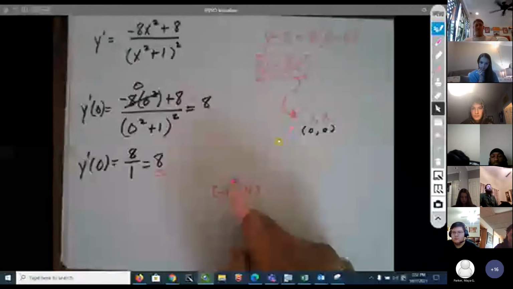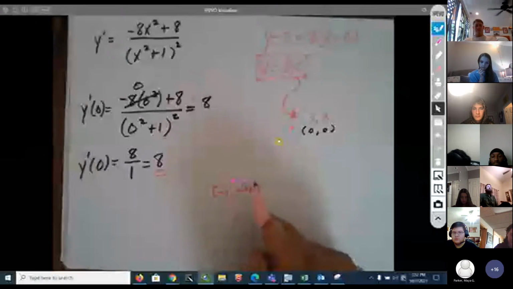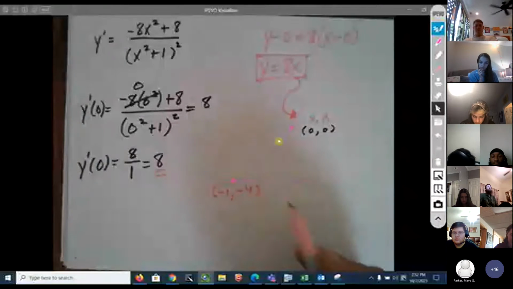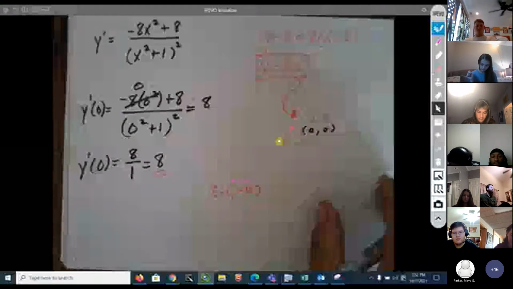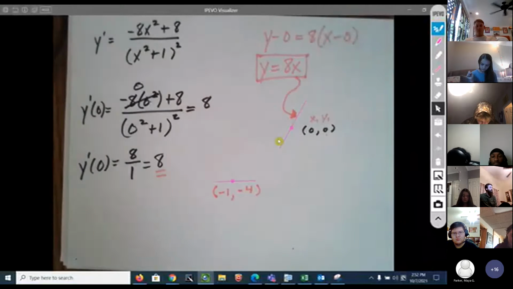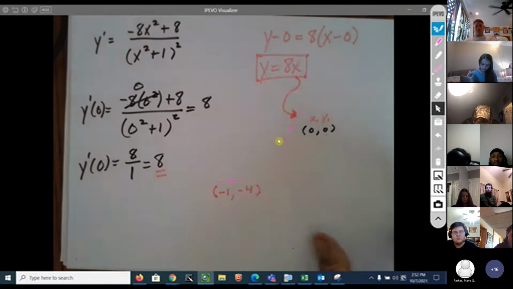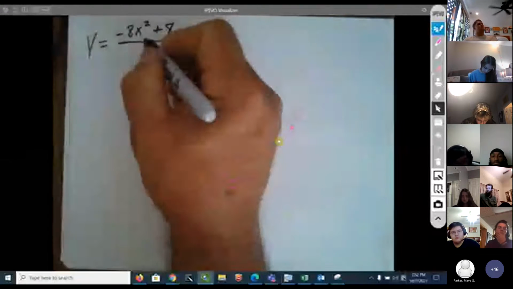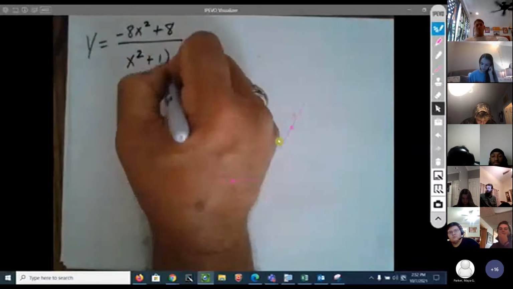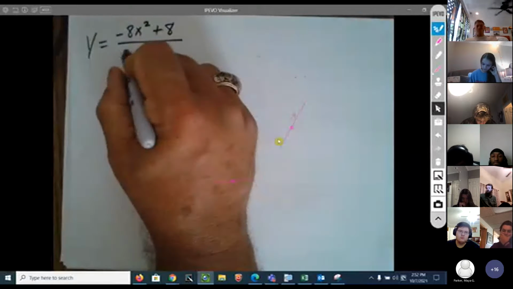All right, I want the equation for this pink line right here, so go to it. So I'm going to go to another page. I'm going to rewrite our derivative. Our derivative is y prime is equal to negative 8x squared plus 8 over (x squared plus 1) quantity squared.